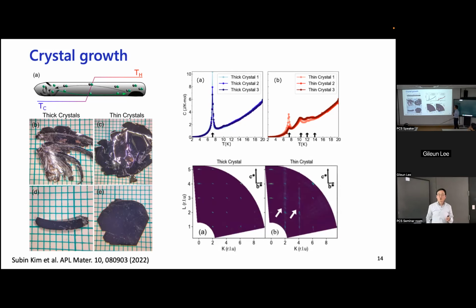And there are two ways we can tell that. If you measure the magnetic phase transition of these materials, these bad-looking crystals will show multiple transitions, and the good crystal that looks like this will have a single, very sharp specific heat peak, which signifies a high-quality crystal. And in the X-ray diffraction pattern, the good, or thick, crystal has very nice diffraction peaks, as opposed to the diffuse streaks found in crystals that look like this.